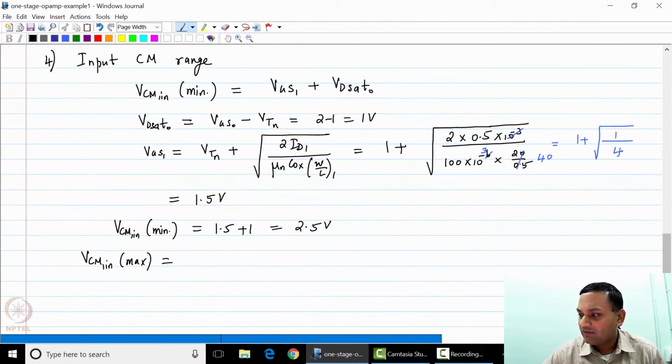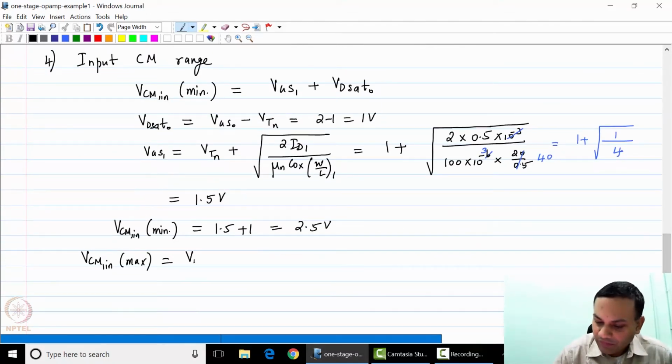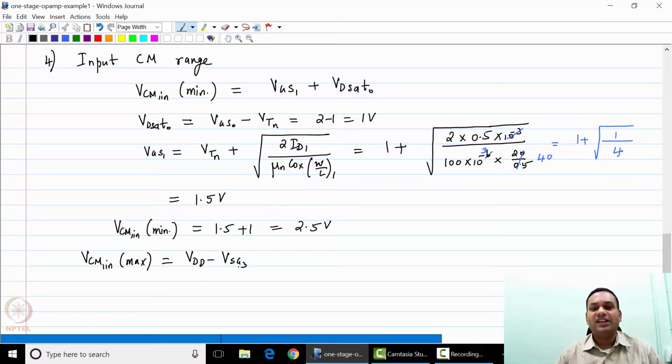That happens at a voltage VDD minus VSG3. This is the voltage at the drain. The gate can go one threshold voltage above the drain.